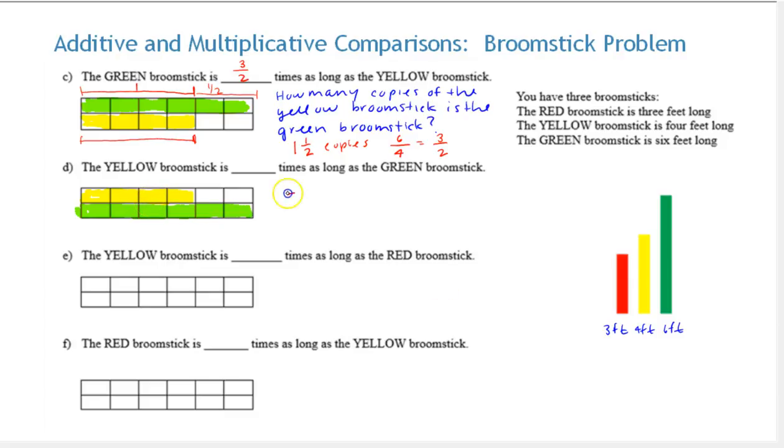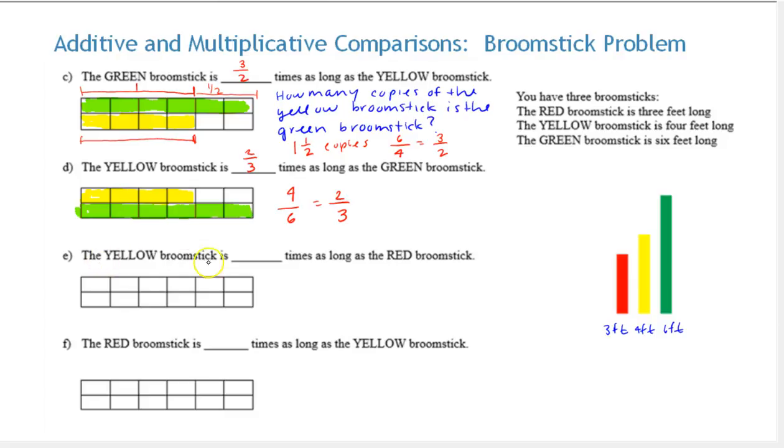The yellow is 4, so it has 4 feet out of the 6 feet of the green. And simplified, this is 2/3. So the yellow broomstick is 2/3 as long as the green broomstick. Okay. So let's look at the next one.